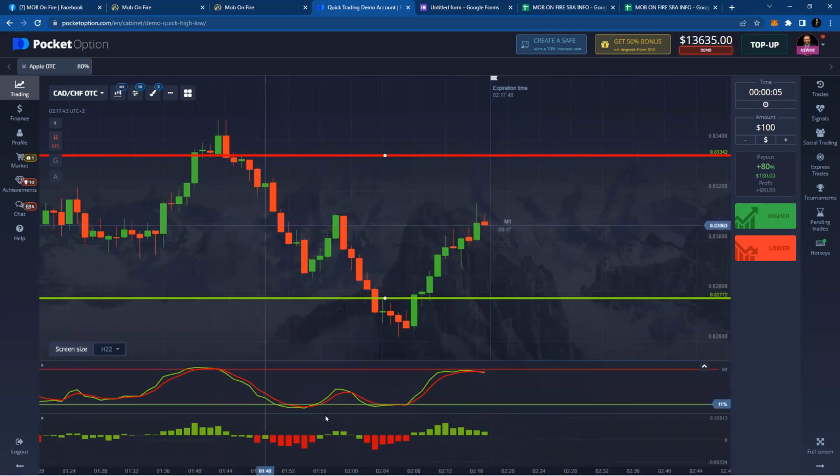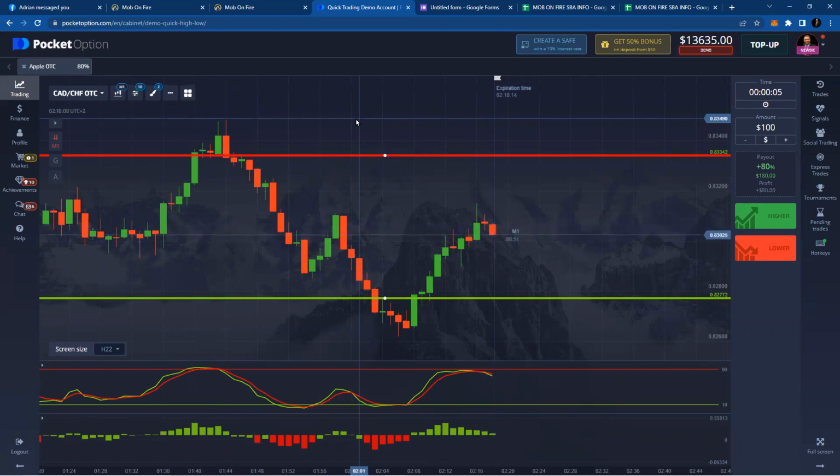This is called the stochastic oscillator. Okay. The line on top that says 90 all the way to the right, that's going to be your highest point of resistance. That's a point where the price goes to and encounters exactly what it says, resistance level, and it's going to push back down.